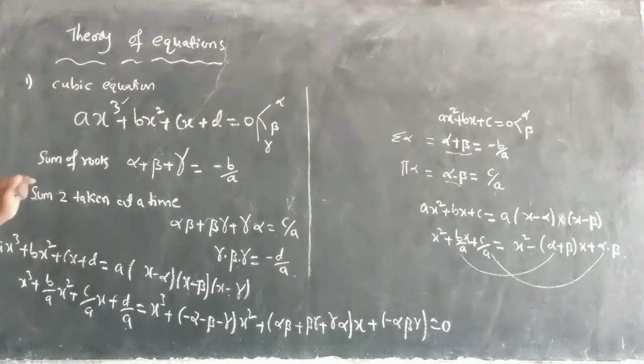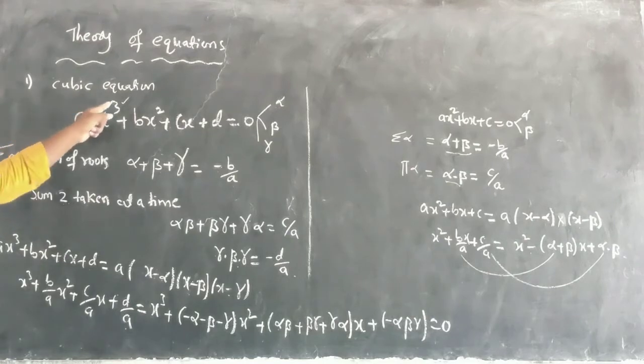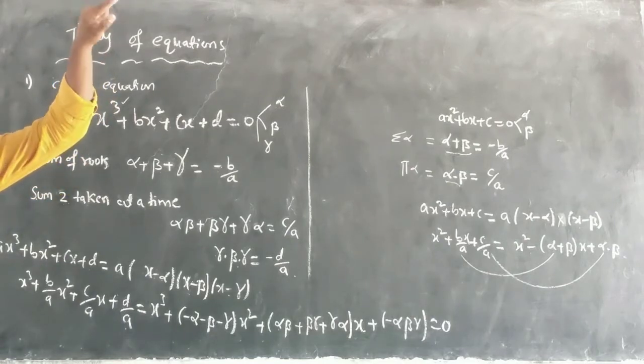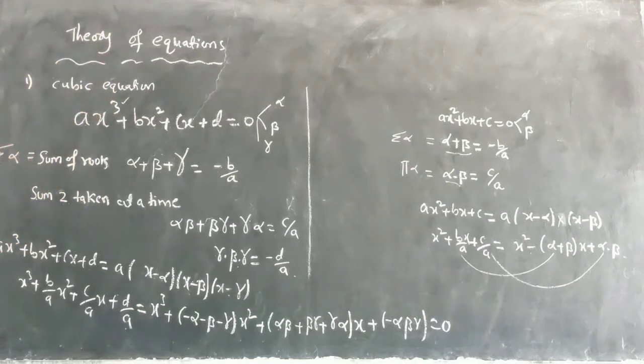So what you understand, simple thing, you understand this one, and this can be written in short form as sigma alpha. What is the meaning of sigma alpha here? If it is a cubic, 3 roots are there: alpha, beta, gamma. Suppose if n roots, alpha 1, alpha 2, alpha 3, alpha 4, like that. So the sum of the roots is sigma alpha, and taken 2 at a time, we can write as sigma alpha beta.